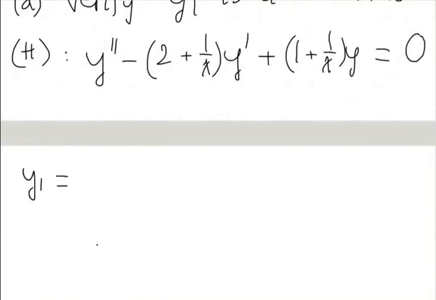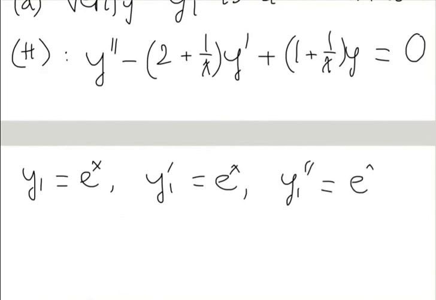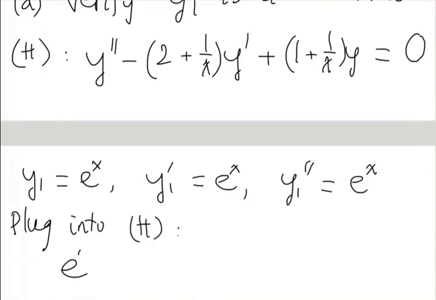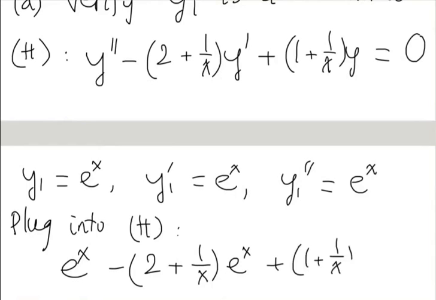We have y1 equals e to the x. So very easy, y1 prime is also e to the x, and y1 double prime is also e to the x. And then we plug into the homogeneous equation. We will have e to the x minus (2 plus 1 over x) e to the x plus (1 plus 1 over x) e to the x equal to 0.